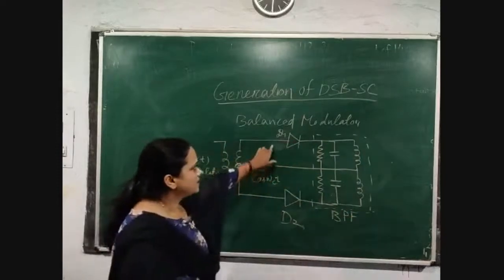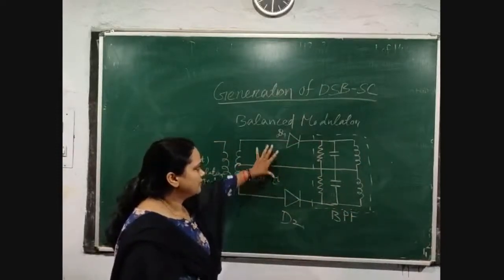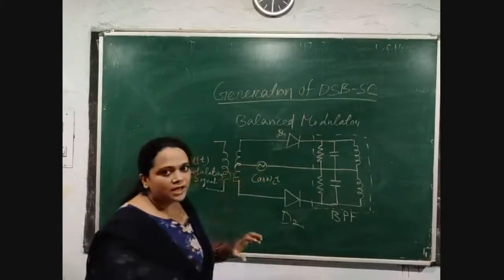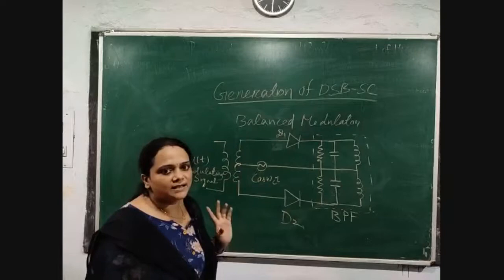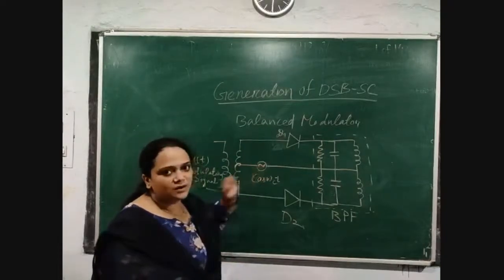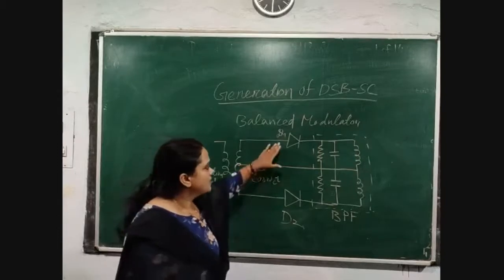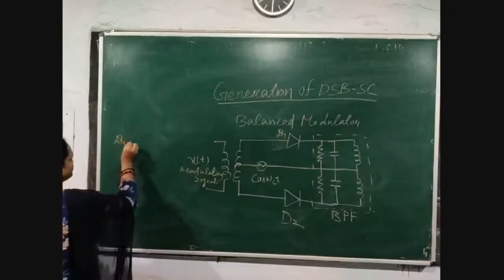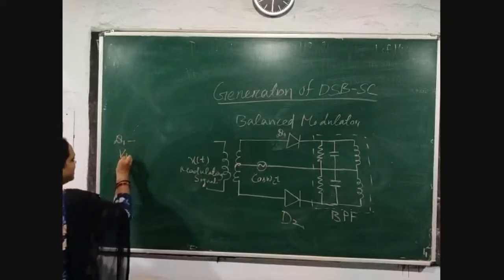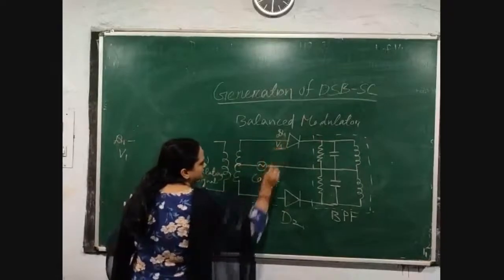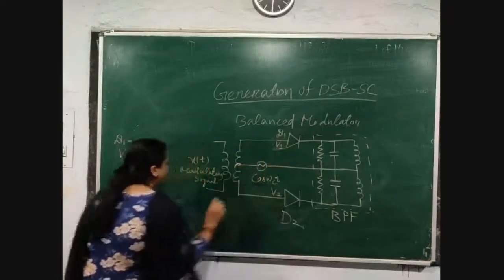So, here at the input of the diodes, the modulating signal applied equally with 180-degree phase reversal, and the carrier signal also applied. So, at the input of the diode D1, that denoted as V1, here the input is V1 and here the input is V2.